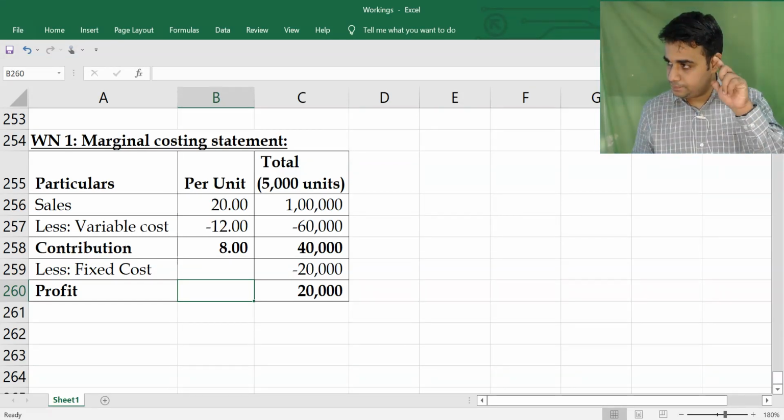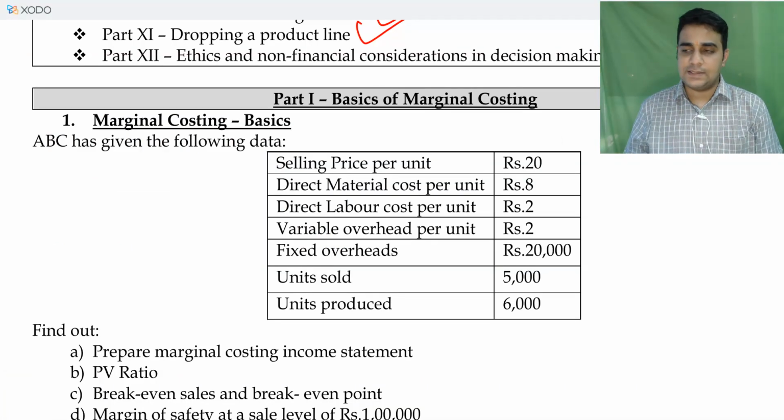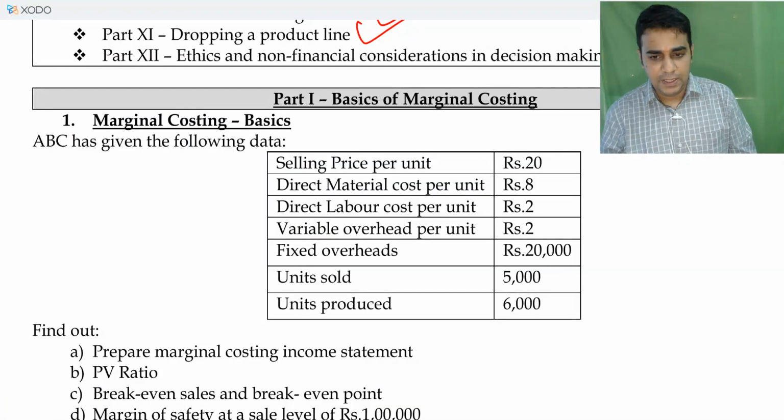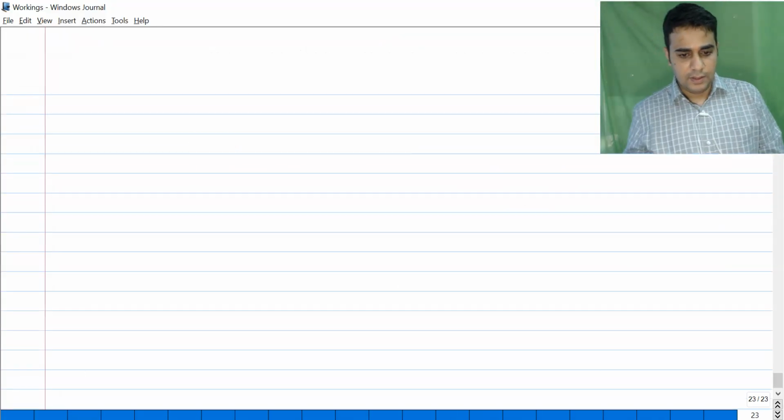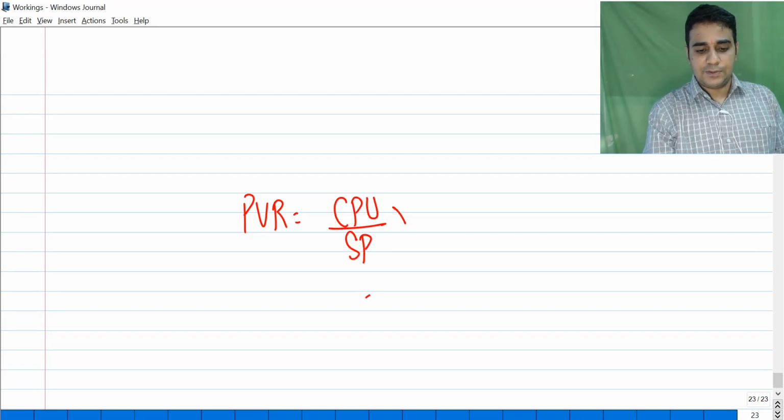Clear? PV ratio, that's the next requirement. You can use any of the formulas you want to.